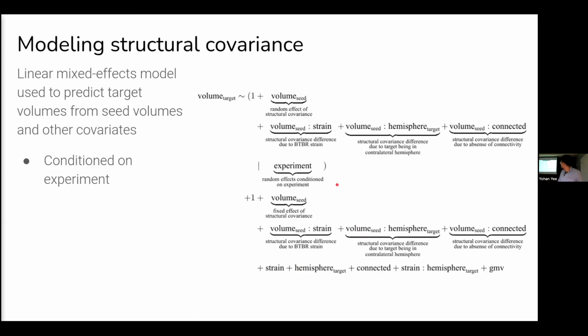And there's also a random effects component that's shown at the top that has to do with the different viral tracing experiments that we're dealing with.